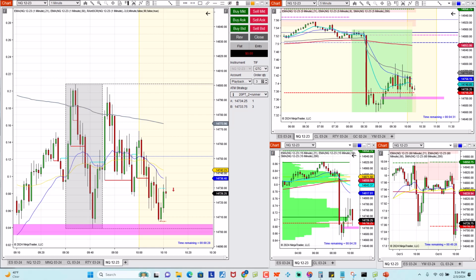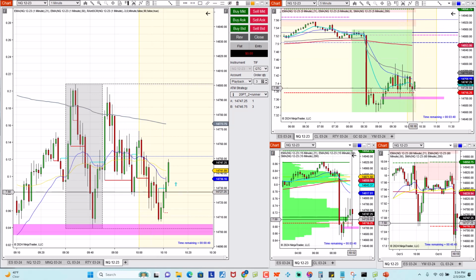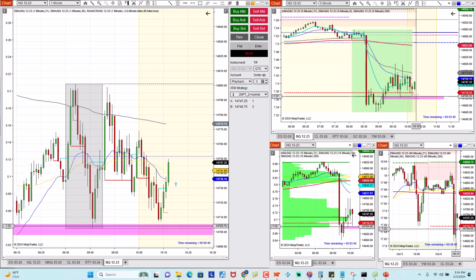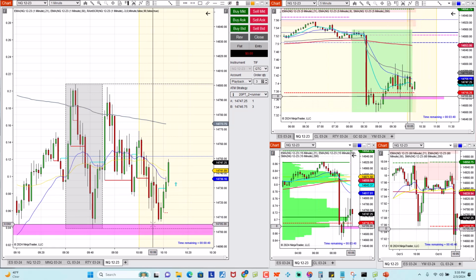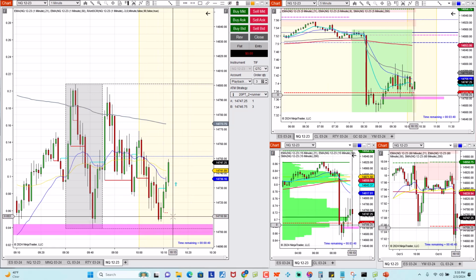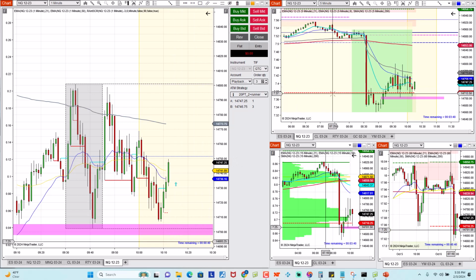Now we see a candle start printing, and I think right here, this FVG right there, it could have been our opportunity to catch the trade. Let's see if that was the case.